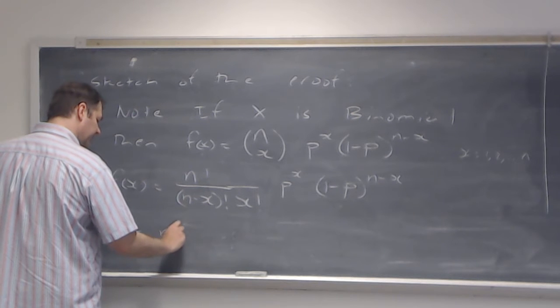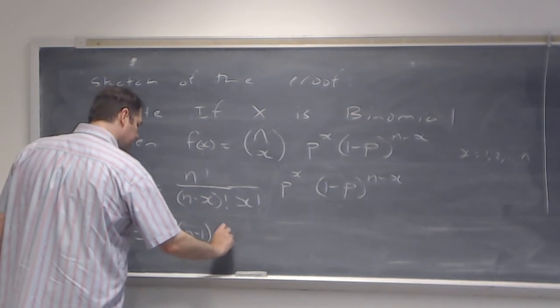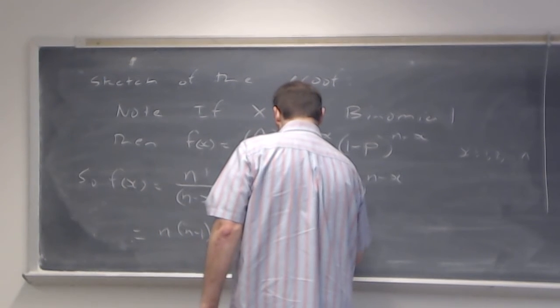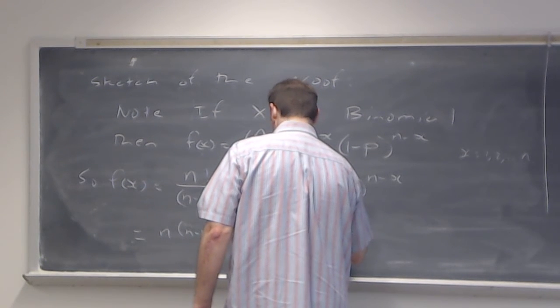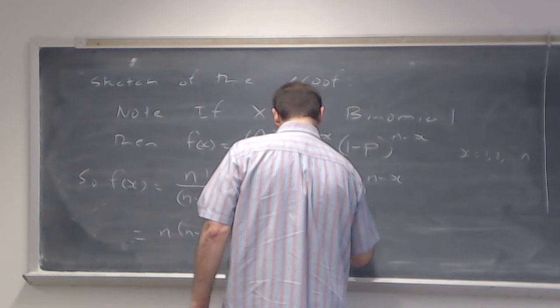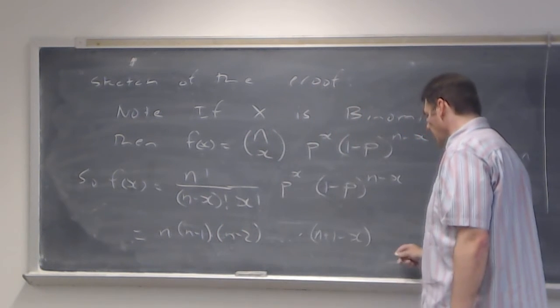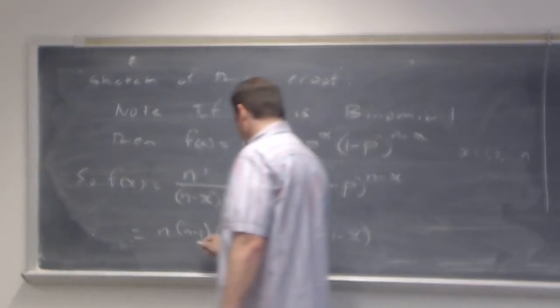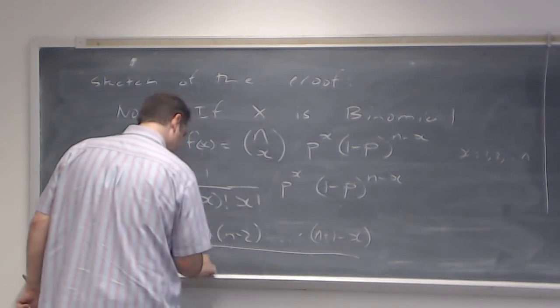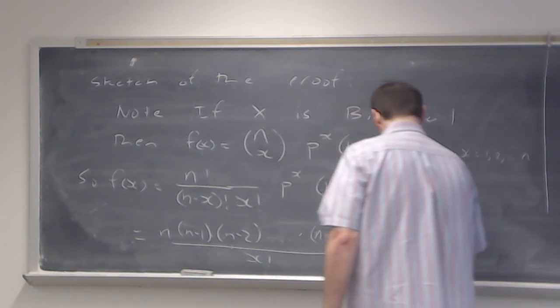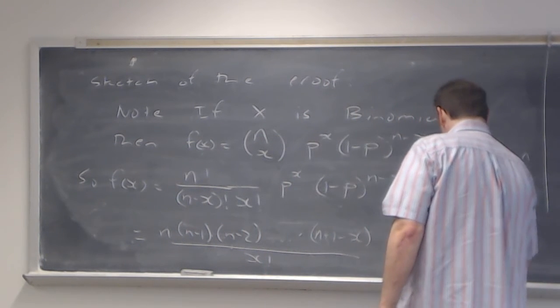I'll write that down as n times n minus 1 times n minus 2 times, all the way down to n plus 1 minus x. And that's still all over x factorial. And here I have p to the x and 1 minus p to the n minus x.